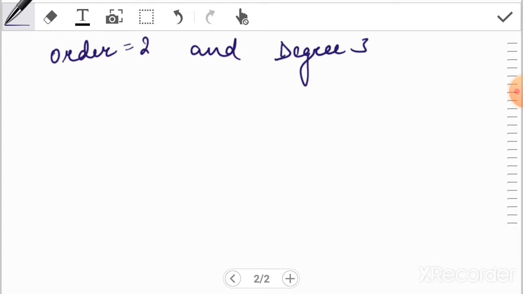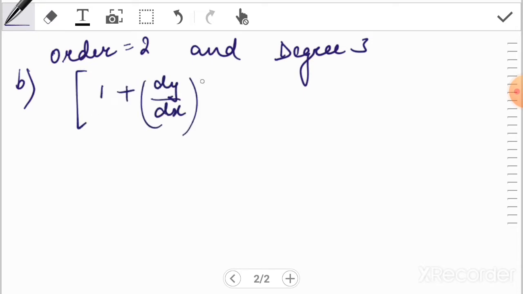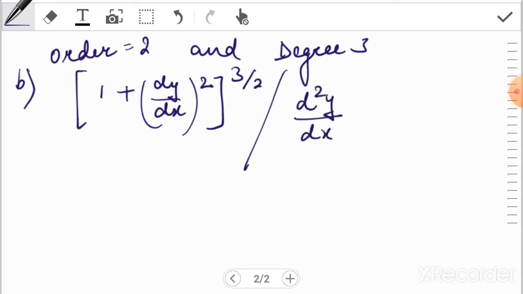Similarly, let us see one more example. (1 plus (dy by dx) whole square) whole to the power 3 by 2 divided by d square y by dx square is equal to c.